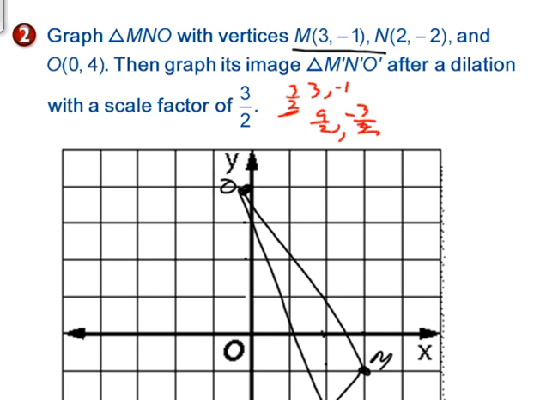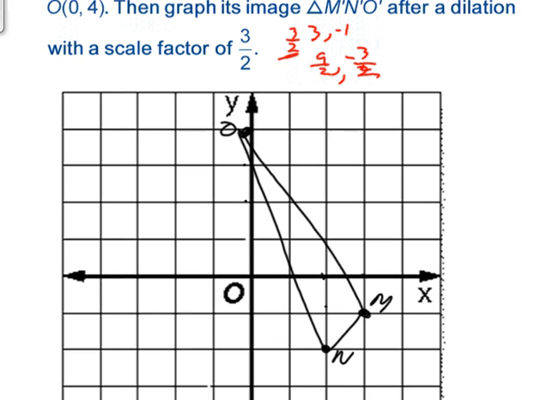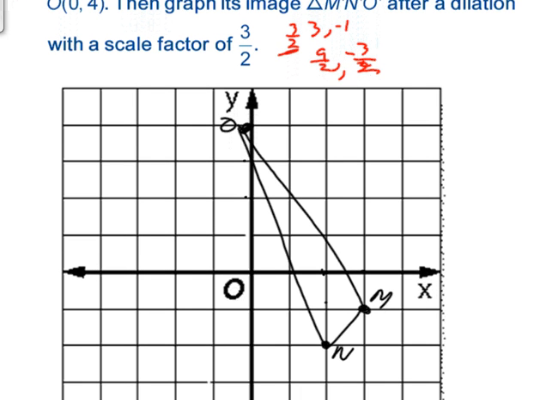That's my first ordered pair, so let's graph that one. 9 halves would be about 4.5, so that's 1, 2, 3, 4 and a half, and negative 1.5 would be about right there, and that would be point M prime.